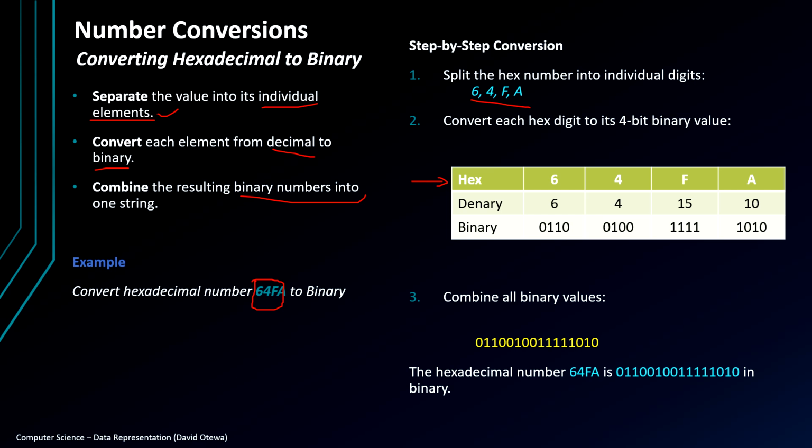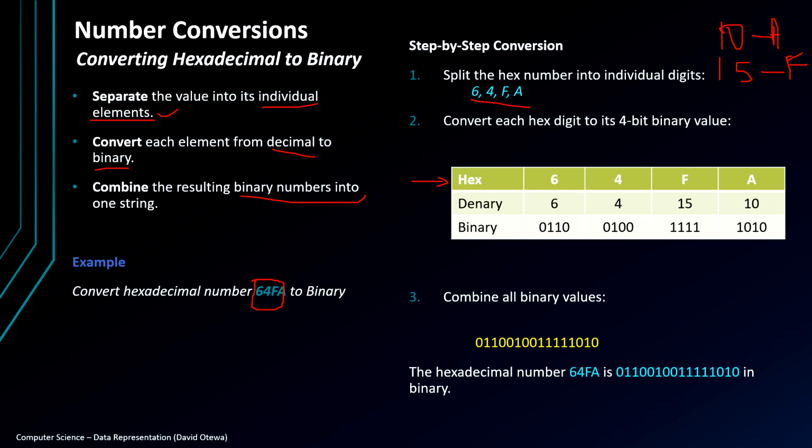Remember, we said 10 is A, then 15 is F, that's for hexadecimal. So we put 15 here. Then A we said is 10, put 10 there. Then remember, now we want to convert it to binary.